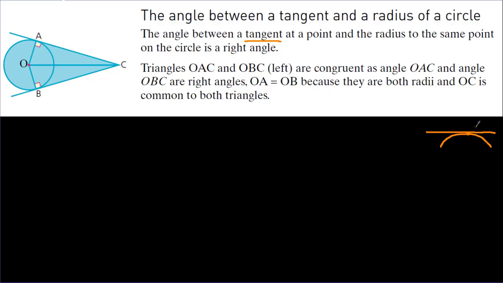If it is touching only one point, then the line is called a tangent line. And the point here is called the tangent point. This is the point where the circle and the line intersect at one point.